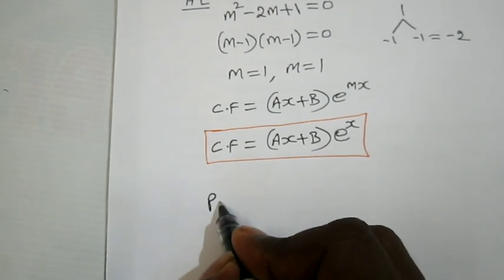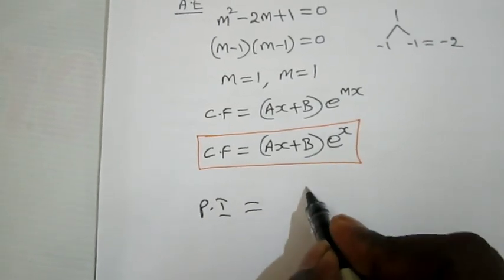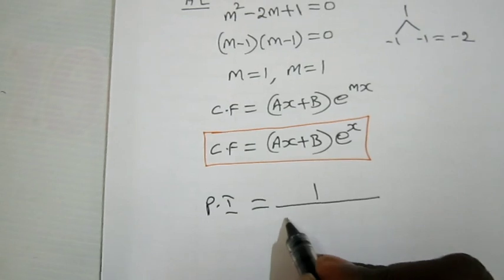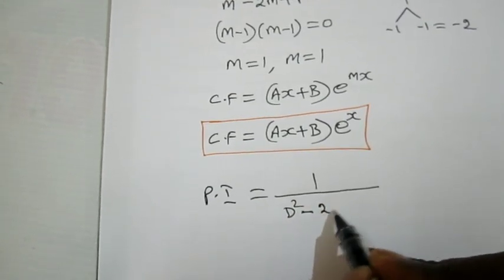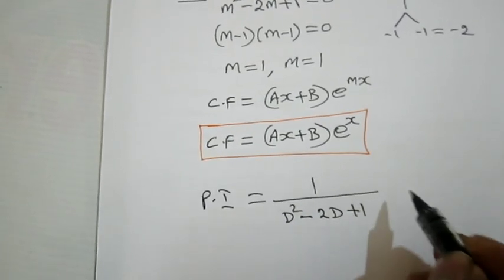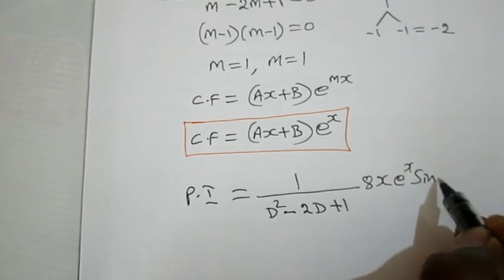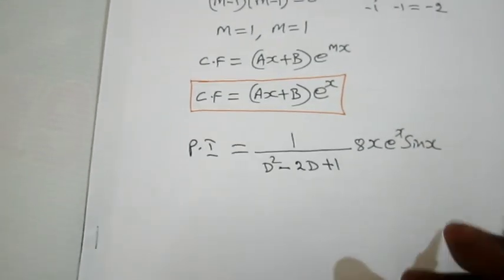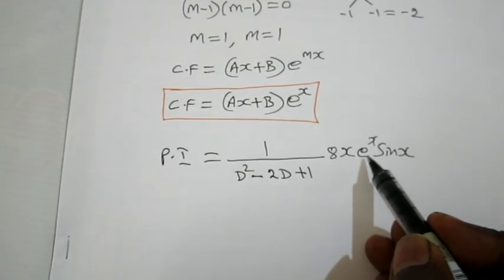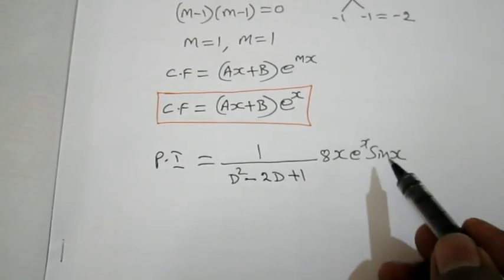So the particular integral PI is equal to 1 by D square minus 2D plus 1 into 8x e power of x into sin x. Now I am going to treat it as e power ax into v, the remaining term you treat as v.